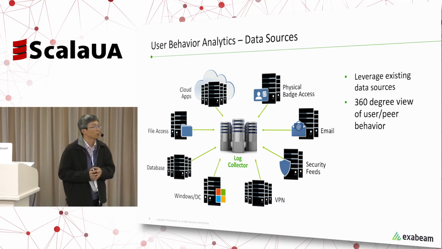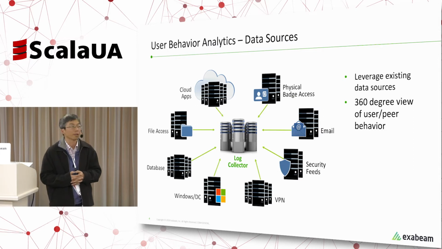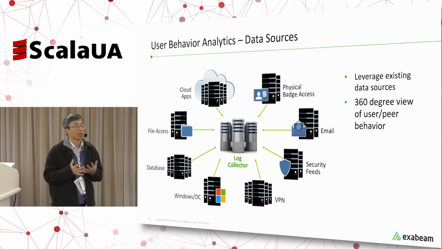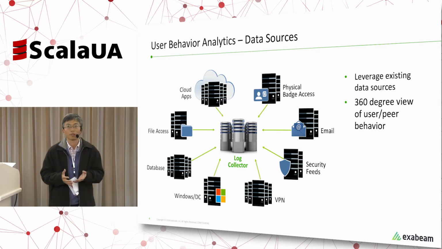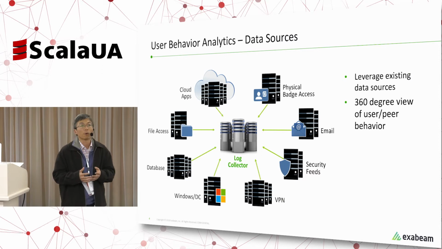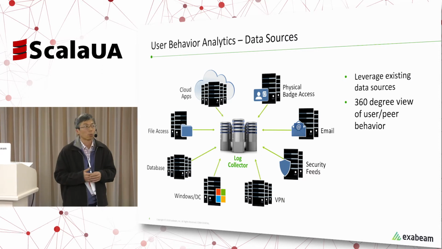So how do we go about doing it? Because we are talking about using machine learning to perform user behavior analytics, everything starts with data. First of all, we want to collect as much data as possible from as many varieties as possible in order to achieve what we call the 360 degrees of user behavior. So what are these data?